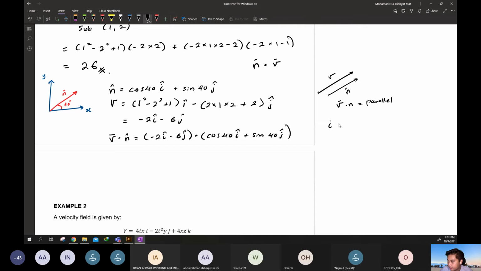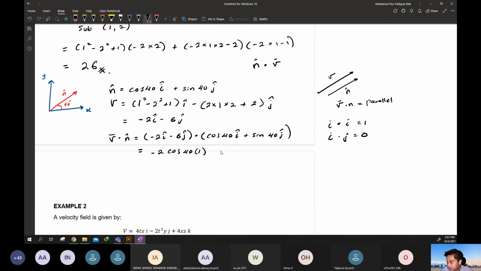The i dot with i, you will get 1. The i dot with j, you will get 0. So that means negative 2 cos 40, since i multiplied with i is equal to 1, and i multiplied with j is 0.